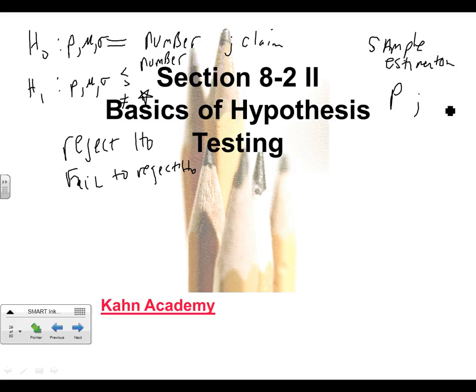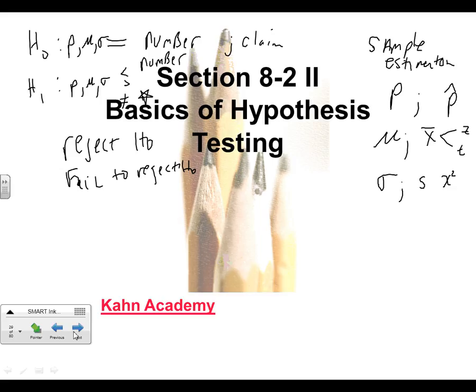What symbol are we going to use? P hat. What are we going to do to estimate the mean? Remember, there's two ways to do that: either a z-score or a t-score. And then finally, to estimate the variance, we use S squared and then chi-squared. Okay? So it's all starting to come together, we hope.